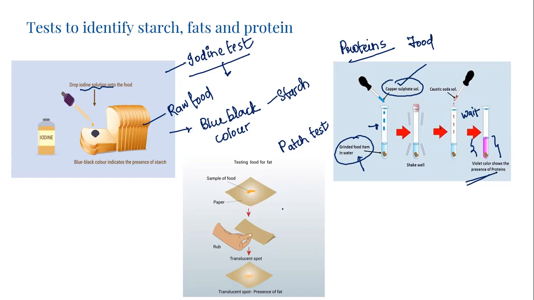Then we straighten the paper, and after some time we see if a patch is there or if it turns translucent. If the paper turns translucent, that is the indication of the presence of fat in that particular food item.